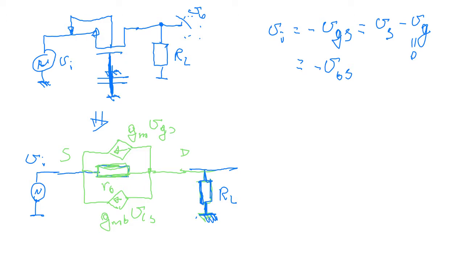So this goes to ground, not to here. Okay, this is ground. This is not connected here. There is no connection here.